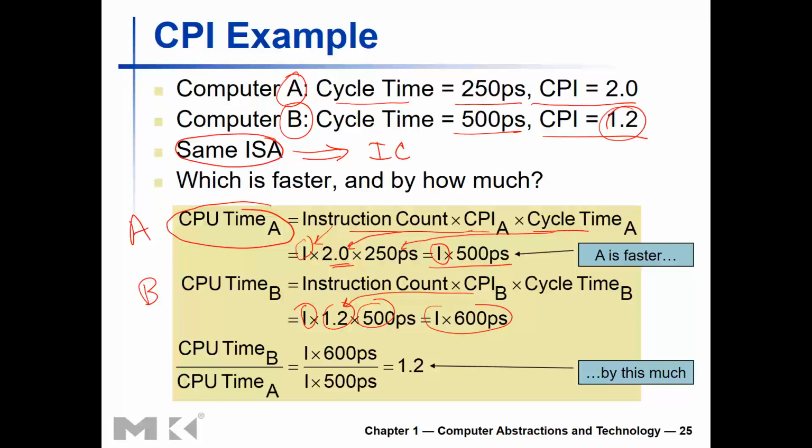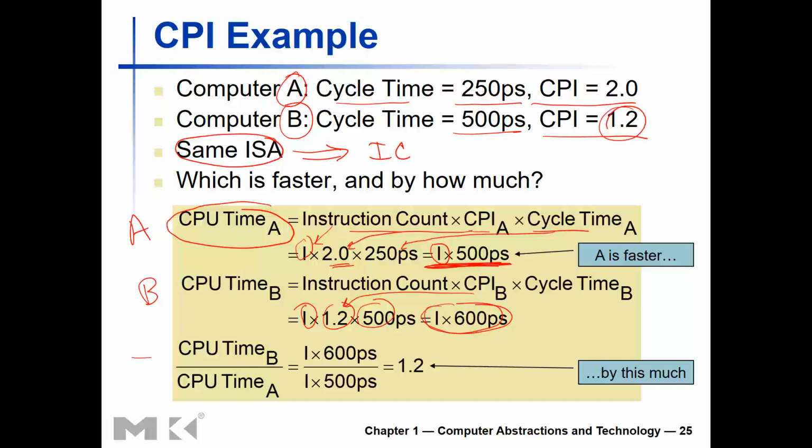So computer A CPU time is I times 500 picoseconds. I don't care about I because it will cancel when I compare the two. For computer B, it's 600 picoseconds times I. Obviously, computer A is faster. How fast is computer A?